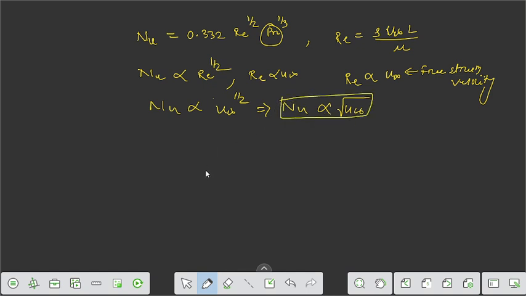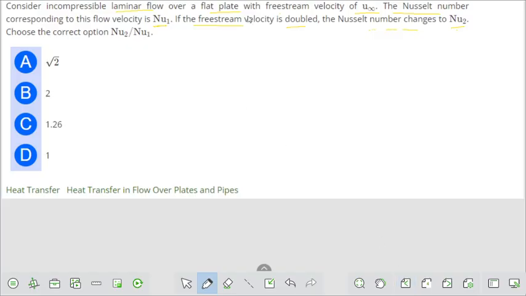So this is the relation, and the question given: if the free stream velocity is doubled, then Nusselt number changes to Nu2.